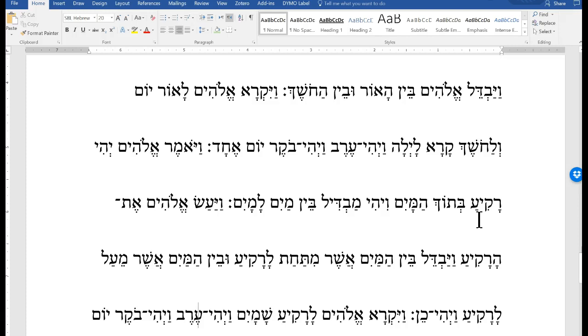And people have been offering suggestions since the very beginning. Maimonides says the Rakia is one of the mysteries of the Kabbalah, the kind of occult version of Hebrew mysticism. It's from the root to stamp out or to smash.